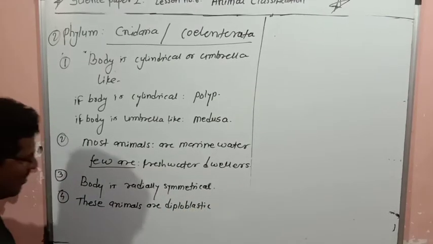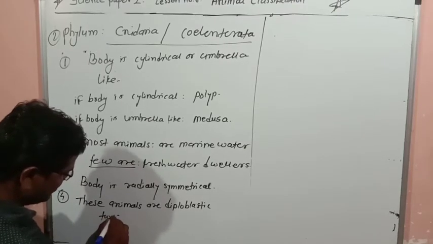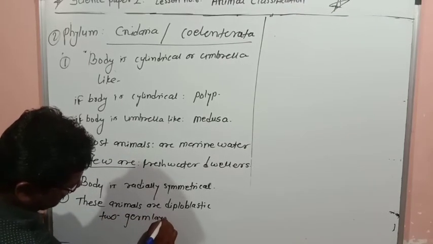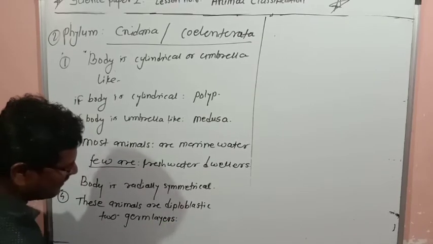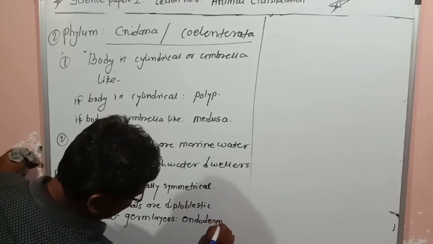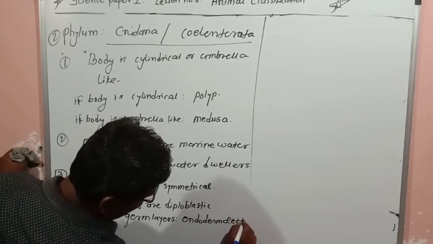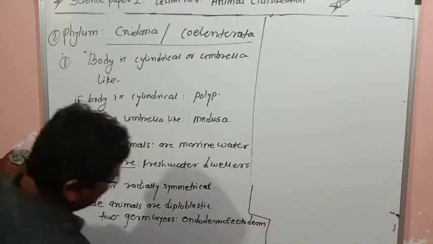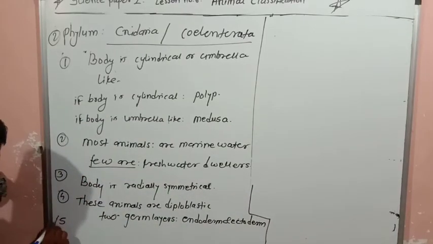That means two germ layers. Which two germ layers are there? Endoderm and ectoderm.